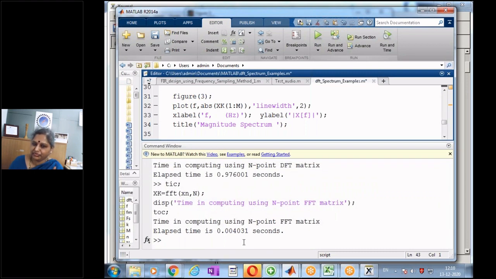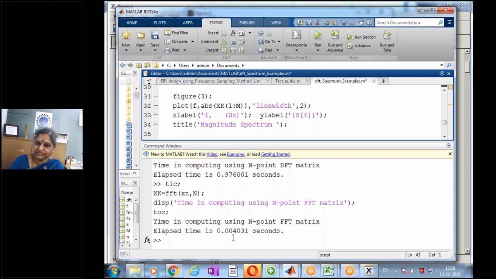We have the same n, we have the same sequence x of n. Then we did a 2000 cross 2000 point DFT, and the time taken was 0.976 seconds. But when I used the FFT command, because my computation time now becomes n log n, the computation time has now reduced to 0.004 seconds.